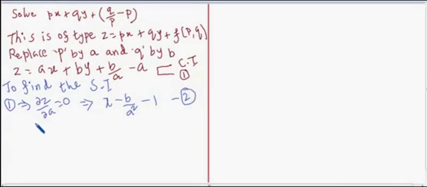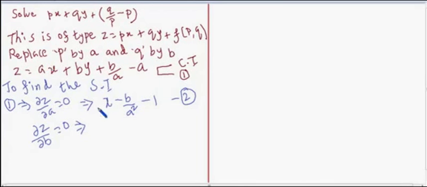Now we also find dou z by dou b, which is equal to 0. Again look into equation number 1. On the right-hand side, the first term is a into x. We are now differentiating with respect to b, so the differentiation of the first term is 0 because a is treated as a constant and x is treated as a constant.